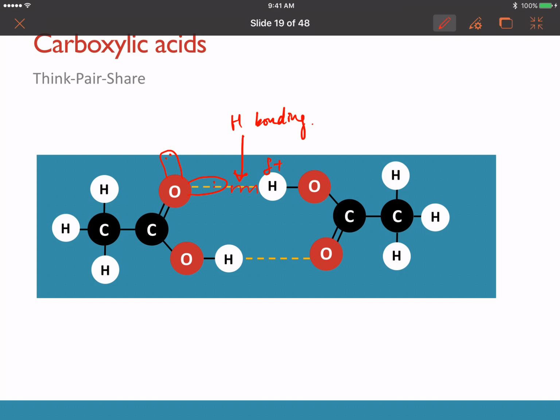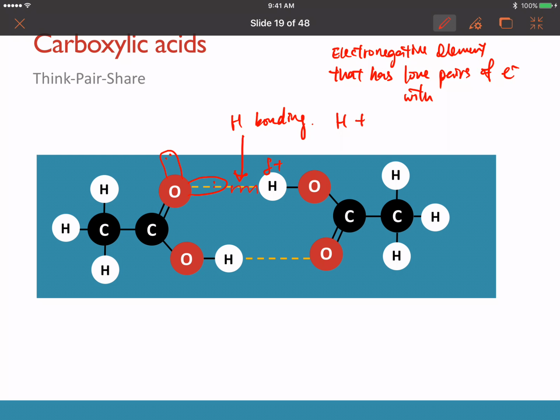In secondary school we don't test you on the actual definition, but the definition is: hydrogen bonding takes place between an electronegative element that has lone pairs of electrons with a hydrogen that is bonded to nitrogen, oxygen, or fluorine. Okay, these 3 being highly electronegative.